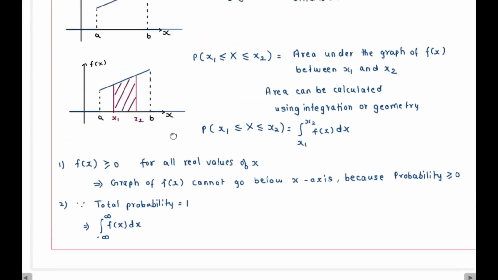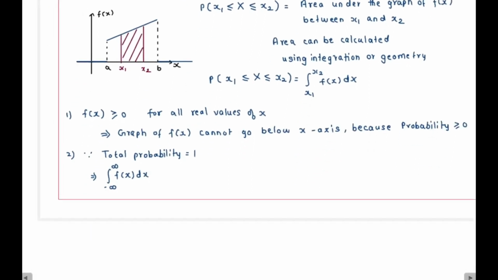So if I add up the total area under the graph as well as the areas to the left and right, the value will be equal to 1.